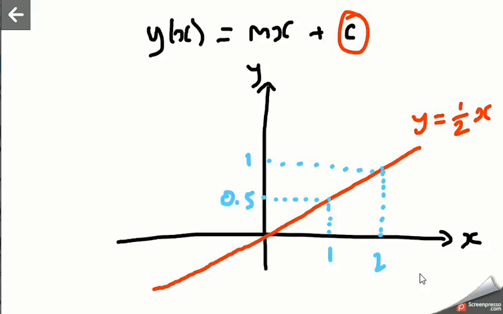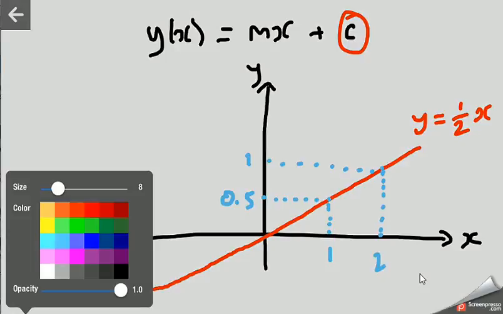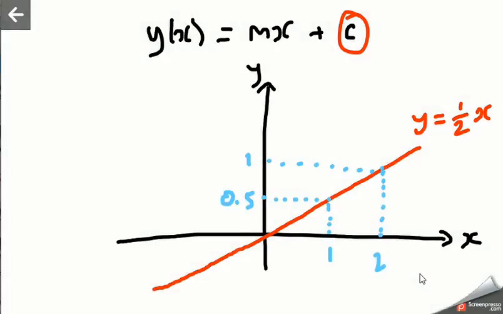Right, so now I want to check out what happens with the function y of x is equal to a half x plus 2 when we draw its graph. Y of x equals 1/2 x plus 2. What's going to happen to that? Well, let's start at 0, 0.